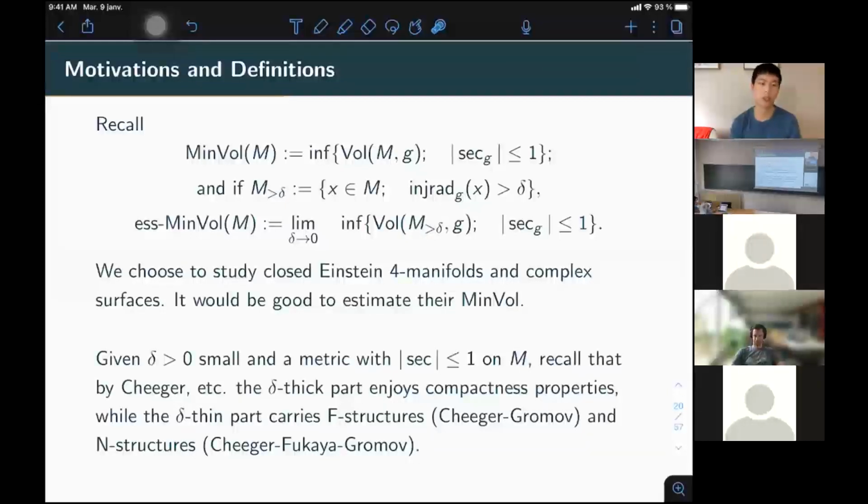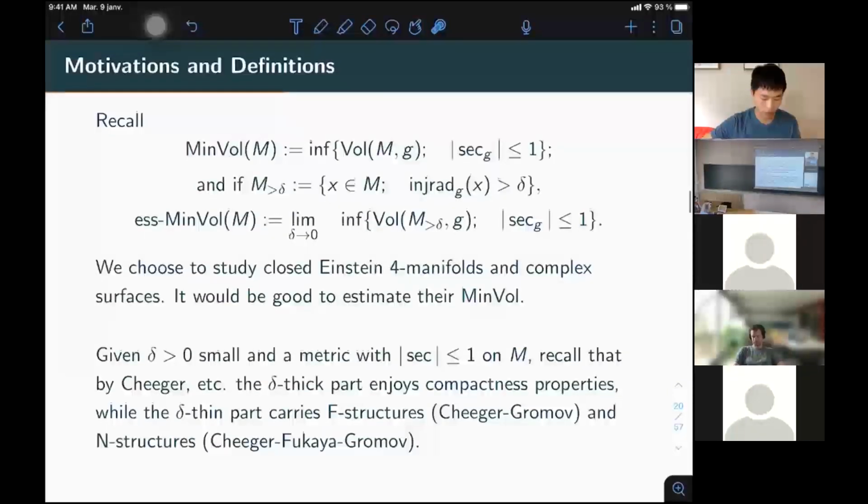In particular, the delta-thin part carries something called an F-structure, defined by Cheeger and Gromov, and also an N-structure that generalizes the F-structure. The N-structure was later defined by Cheeger, Fukaya, and Gromov. The point is that you have a good understanding of the local smooth topology of your manifold.